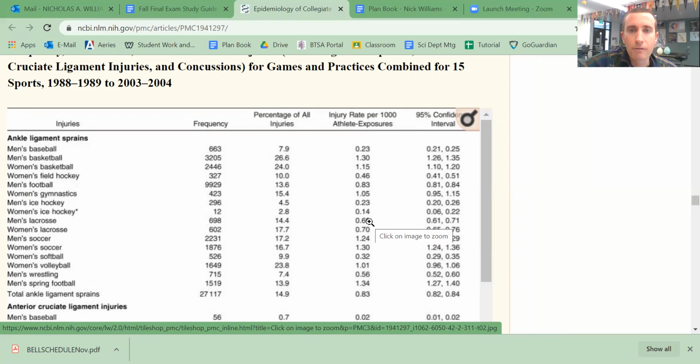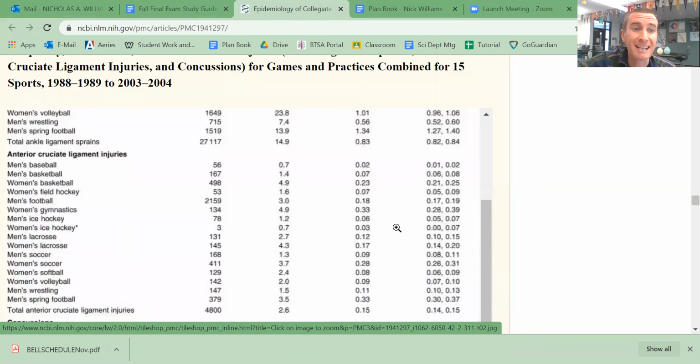In terms of injury rate per 1,000 athlete exposures, ankles are getting 0.6 and 0.7, 1.2 and 1.3. So these are all pretty consistent. It looks like soccer is getting slightly more ankle injuries than lacrosse is, which makes sense to me. You're playing with your feet, and so the chance of hurting an ankle would be logical.